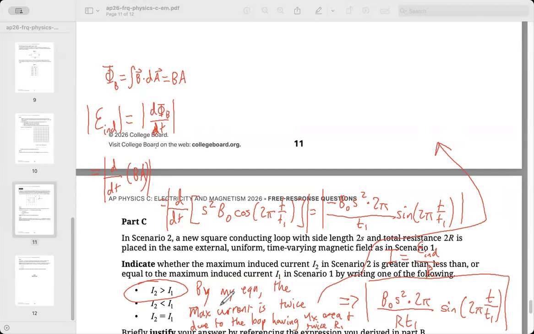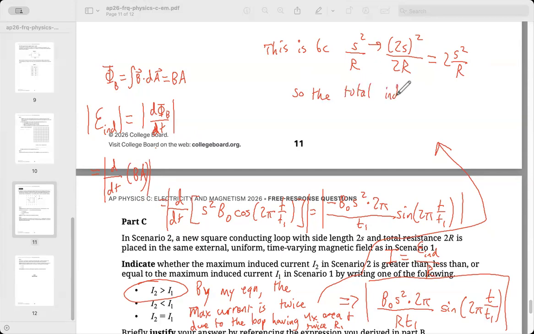This is because s squared gets turned into (2s) squared, and r gets turned into 2r, which is going to equal a total of 2s squared over r. So the total induced current doubles.